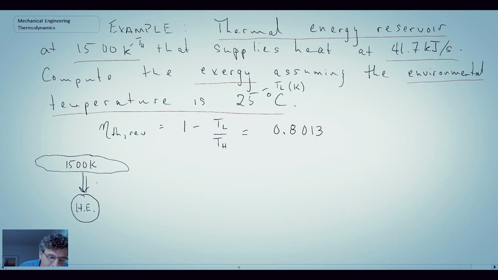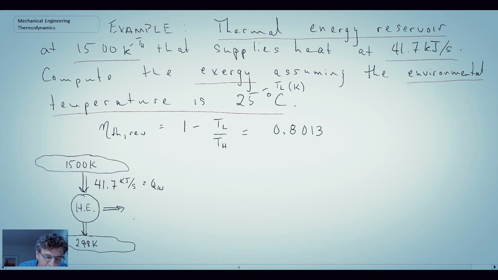We were told that the heat flow out of the source is 41.7 kilowatts, and we will call that Q_H. Then all heat engines need to reject heat to some surrounding environment, and that is the 25 degrees Celsius surrounding temperature. In Kelvin, that is 298 Kelvin.